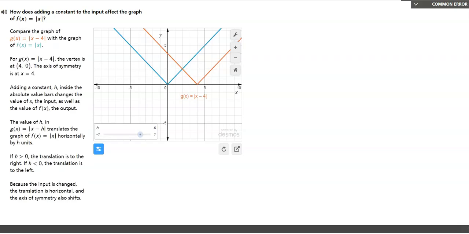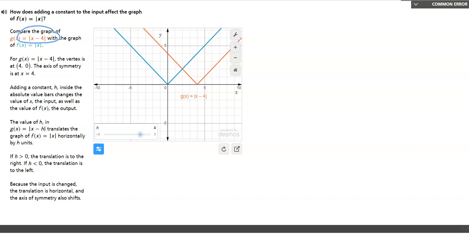So now we're on our next example, and our question starts off the same. How does adding a constant to the input affect the graph? So let's look at what we've done with this one. Now, you'll notice we still have that -4, but that -4 is inside the absolute value bars.